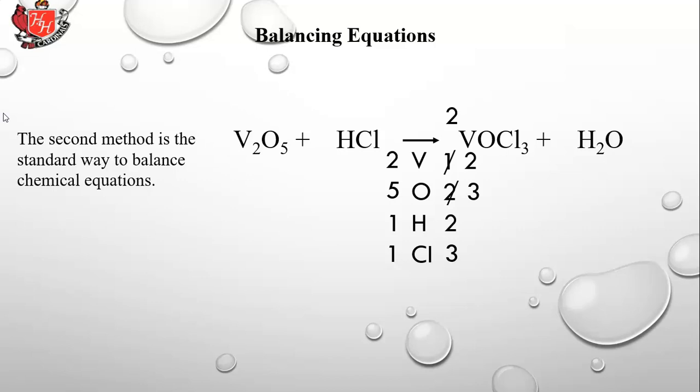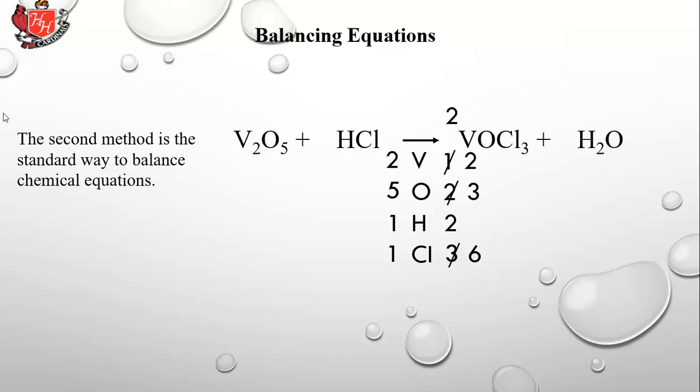So now how many oxygens do we have? Now be careful. You now have 2 oxygens in the VOCl3, but you still have that 1 over there in the water molecule. So that's a total of 3 oxygens on the right side. Finally, the Cl3, that went from being 3 to being 6. You doubled that. That 2 applies to the Cl3 as well, so you now have 6 chlorine atoms.